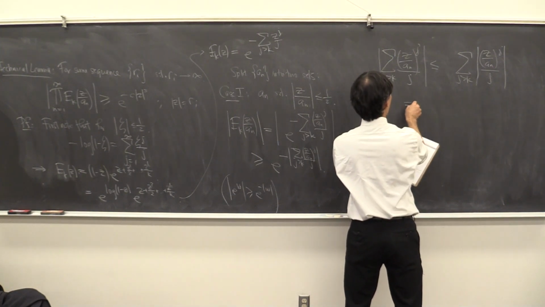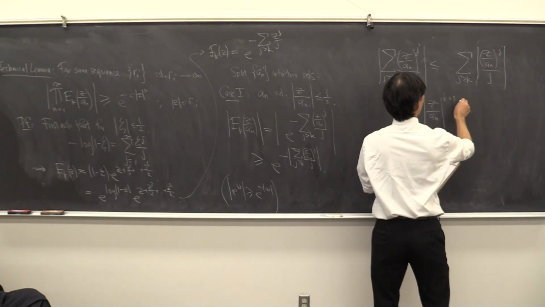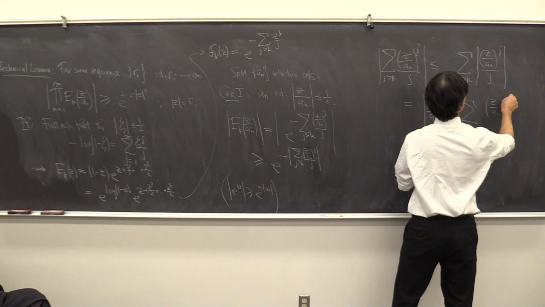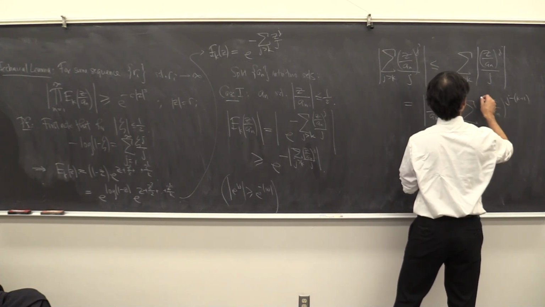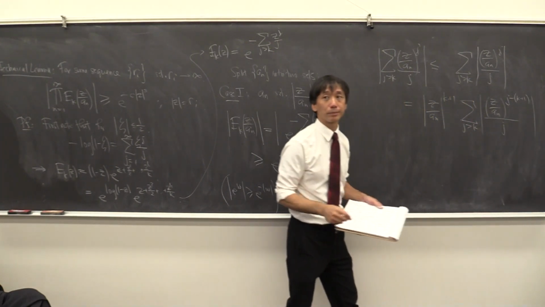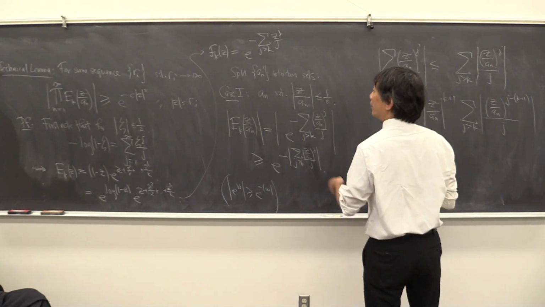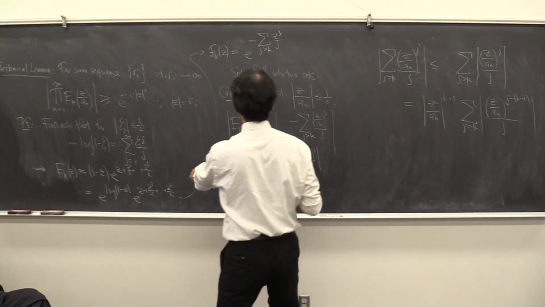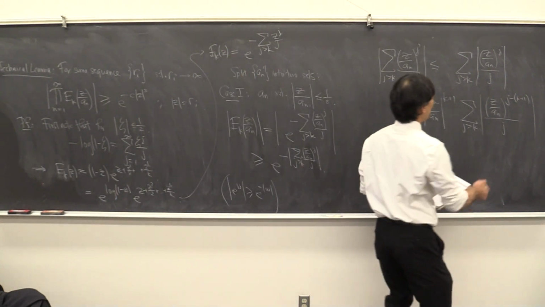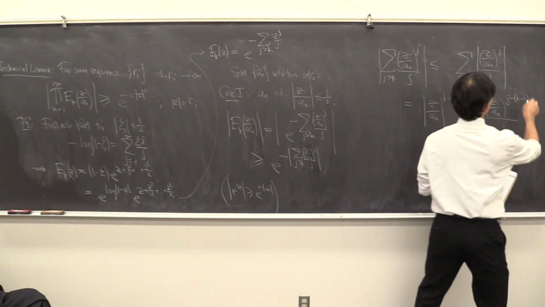So that is equal to z over a sub n to the k plus 1 times the sum of z over a sub n to the j minus quantity k plus 1, over j. I'm not doing anything fancy here, right? Now z over a sub n is smaller than a half, so this is smaller than the sum of powers of a half. So this is smaller than 2.